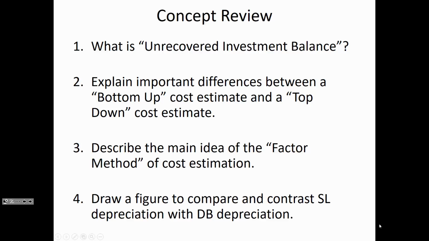I'll draw it here on the whiteboard. So here's time, and we could give that years. And here's book value. And the units there are dollars. And our SL line is a straight line. And then declining balance, DB, in this case, reaches some terminal salvage value that it doesn't get lower than. So that's the drawing I'd hope to see. That would be a full credit drawing.